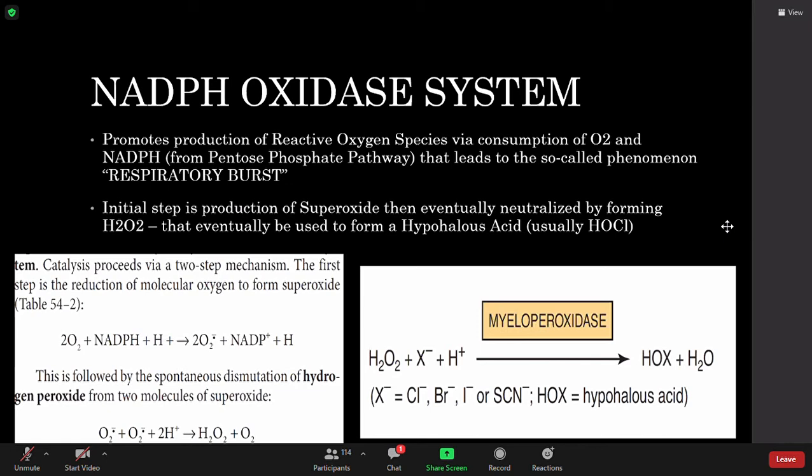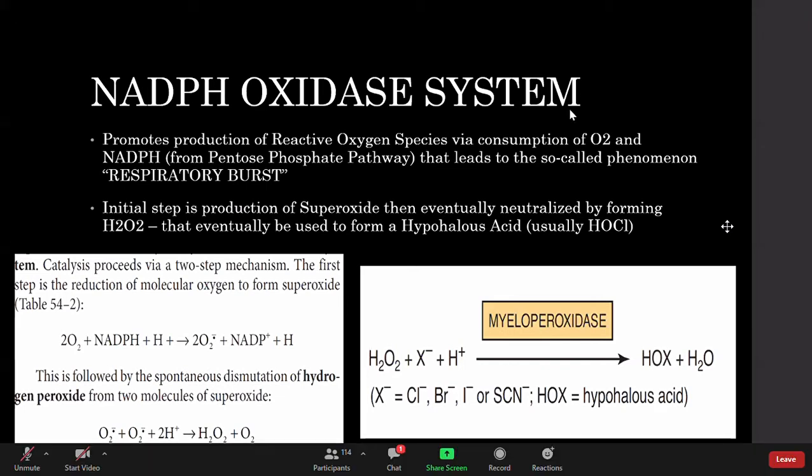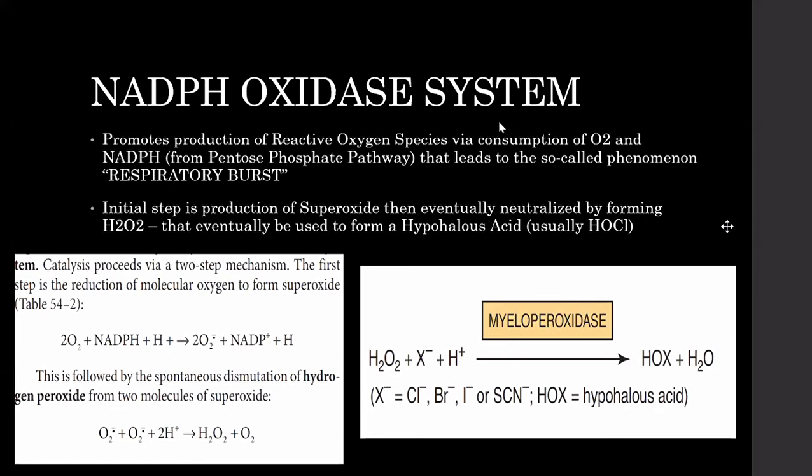Your chronic granulomatous disease is a genetic disease wherein your WBCs cannot produce superoxide because they have no NADPH oxidase. Okay? They lack that enzyme.